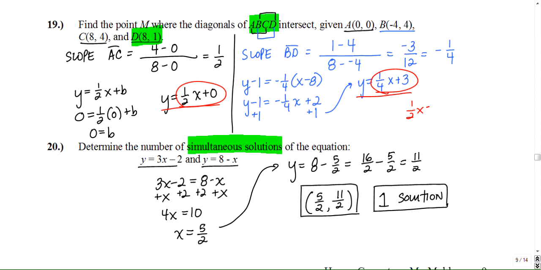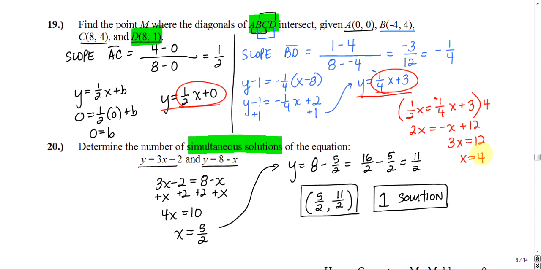So 1/2 x equals 1/4 x plus 3. And actually I left off a sign here. This was negative. And this was negative. There we go. Good thing I caught that. All right, now I might clear this by multiplying through by 4. So this is 2x equals negative x plus 12. 3x equals 12. x equals 4. There's the first point where these diagonals cross.